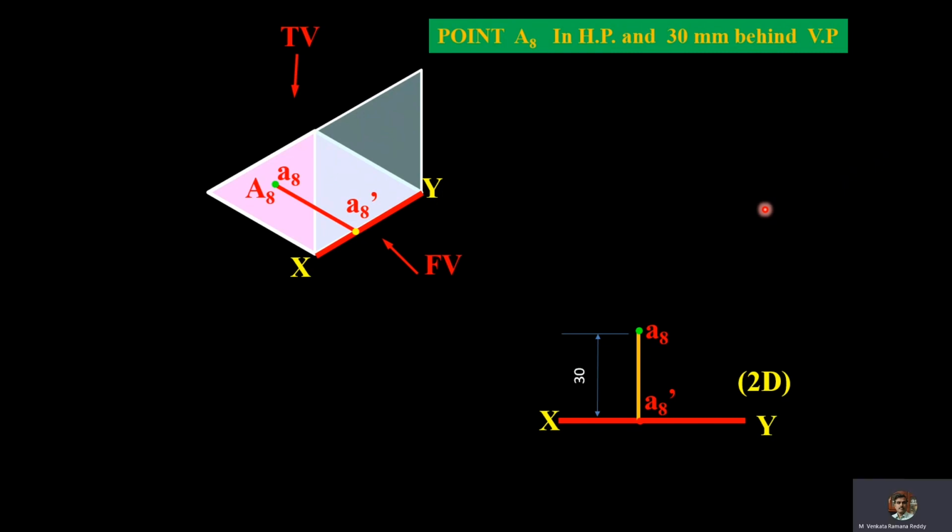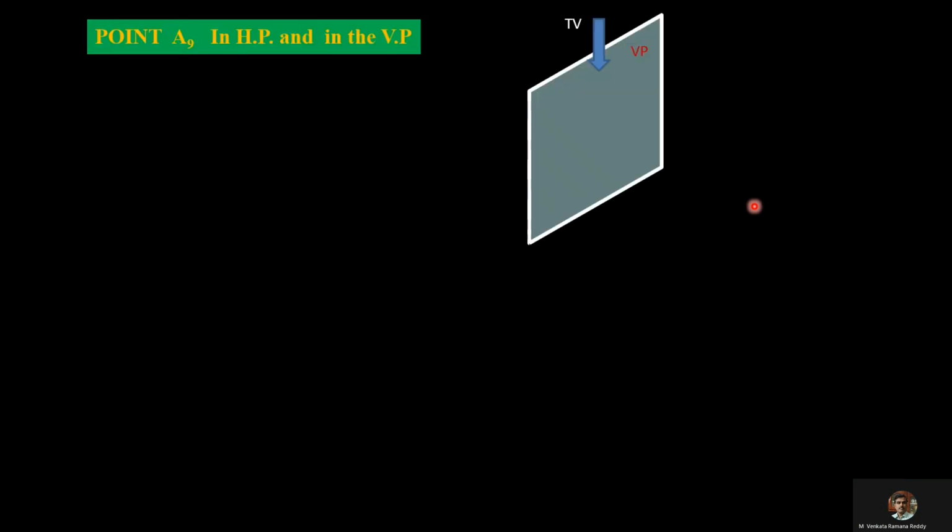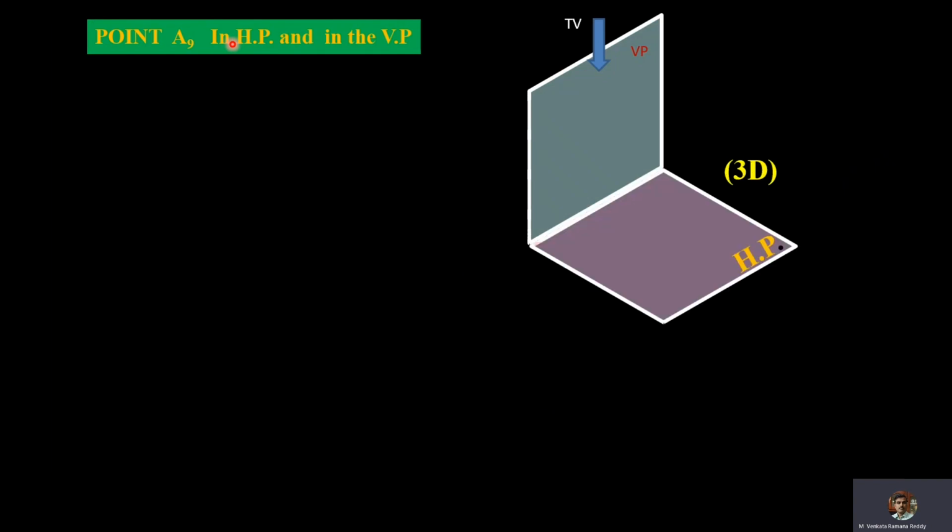Next we'll move to the last case. Point A9 is in HP and in the VP. That is, this point is on the XY line. That's why both top view as well as front view fall on the XY line only.